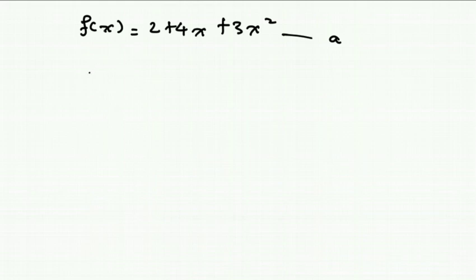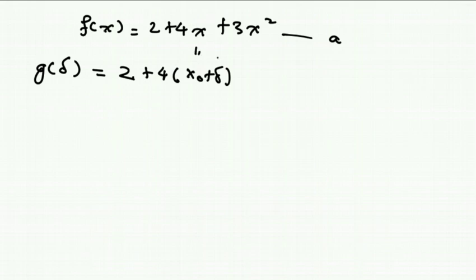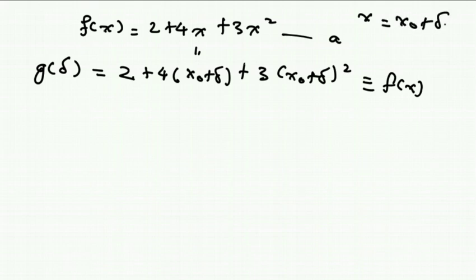Because we rename it as g(delta), we can have something like this: g(delta) is equivalent to 2 plus 4 times (x naught plus delta), because x is substituted by x naught plus delta, as we said earlier, plus 3 times (x naught plus delta) squared. And this is equivalent to f(x). Recall back, x equals x naught plus delta; substitute it. So this is equivalent to the original function as well.